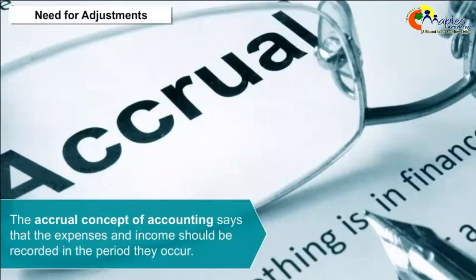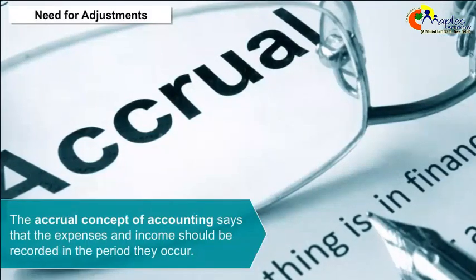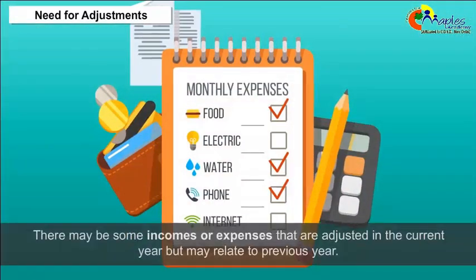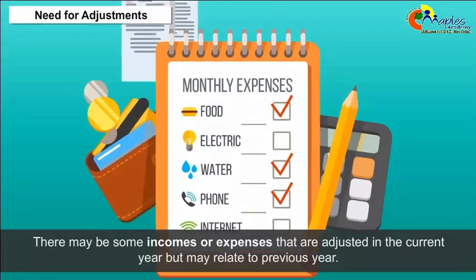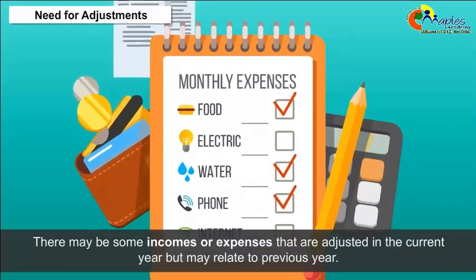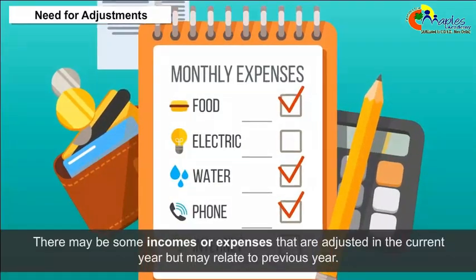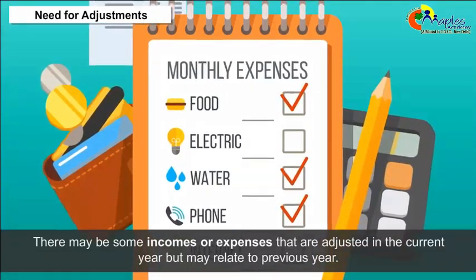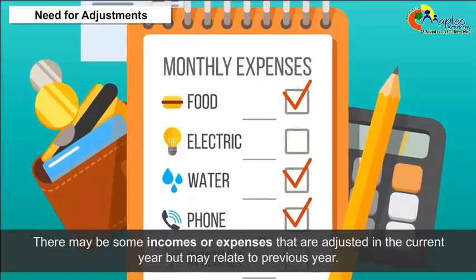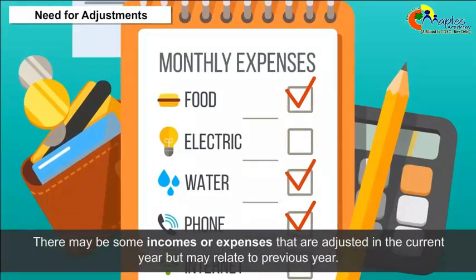It does not matter whether they are made in cash or not. There may be some incomes or expenses that are adjusted in the current year but may relate to previous year. So, we need to adjust all these entries to have a clear view of the financial statements of a company.